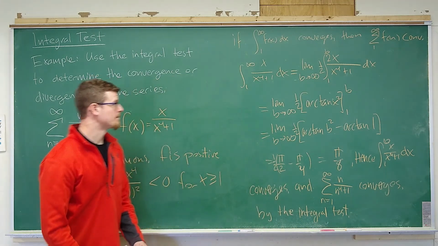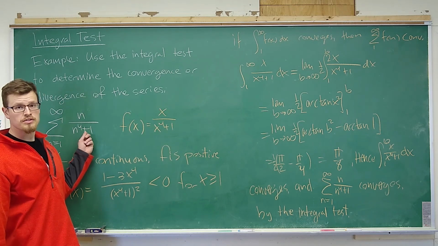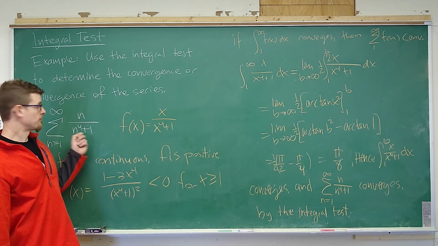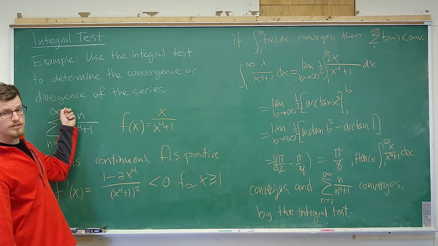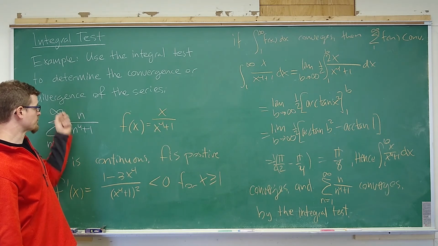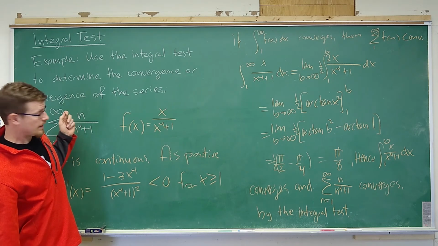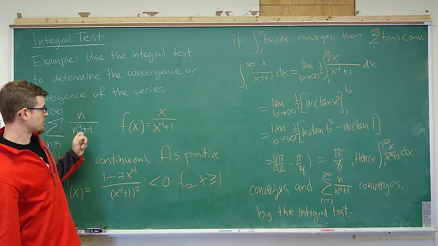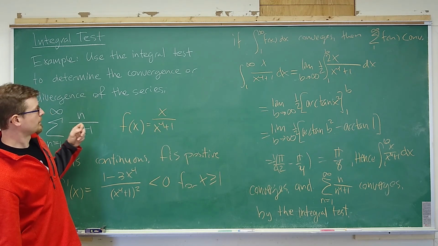Excellent. So one more time, the integral test says that the integral of this function from summation bound to summation bound, right? The integral from 1 to infinity of this in terms of x converges and diverges just as the sum does, or just as the series does.